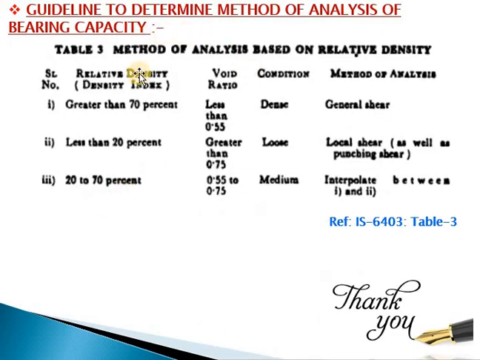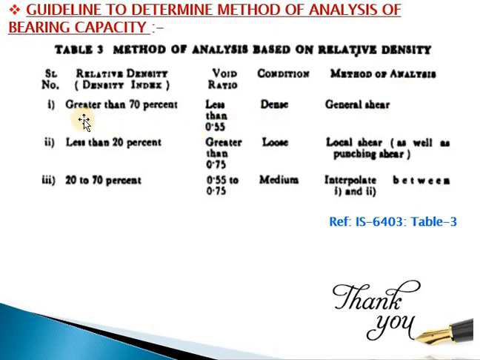Now this is very important, the guideline, by which we will understand which method we should follow to calculate the bearing capacity. Okay, there are three parameters. One is relative density or density index, another is void ratio, and the condition of the soil, and the method. What method should be used to determine the bearing capacity?